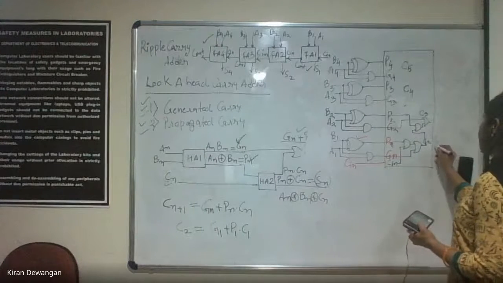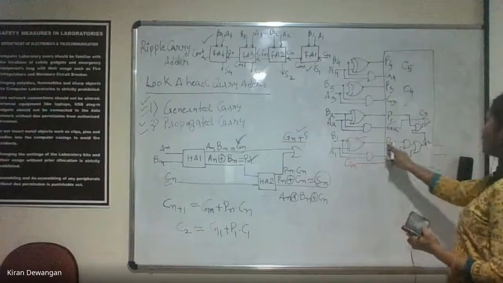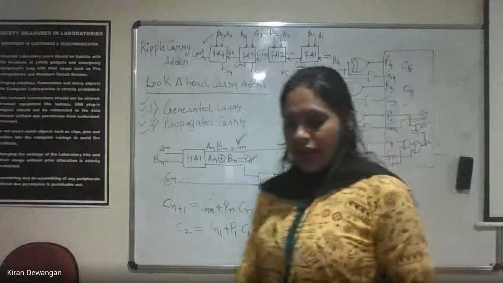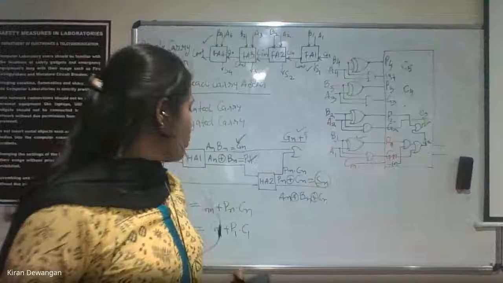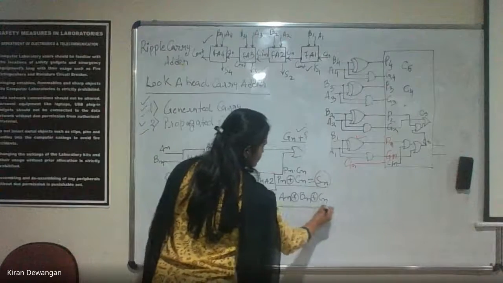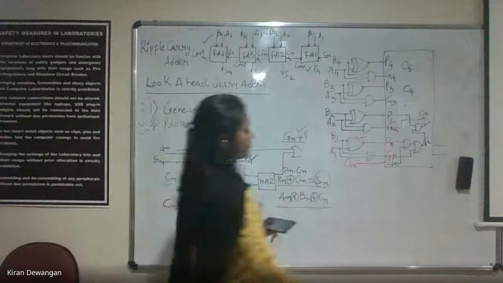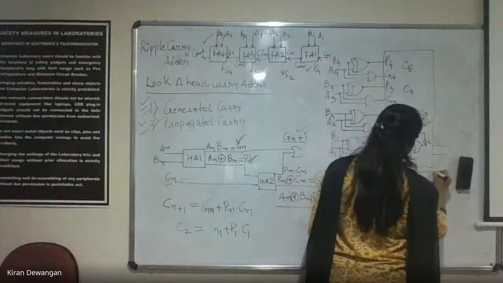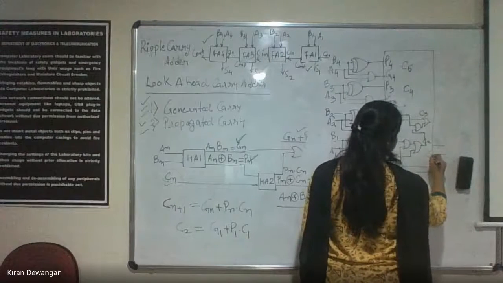And at this side we already have P1 and G1. So what was our sum? P1 and C1. C1 तो यहाँ पर already था, so this will be given here.